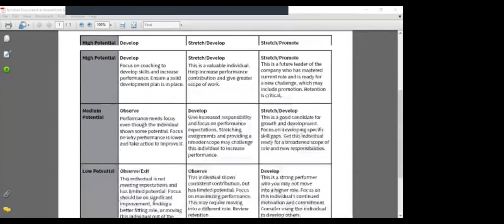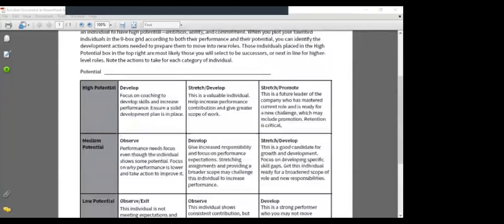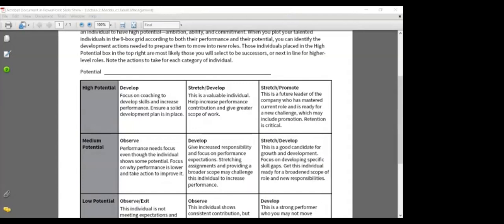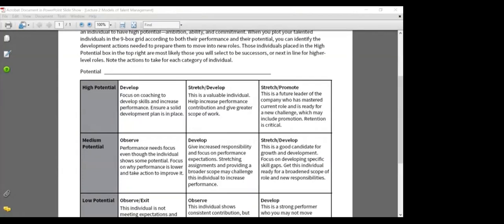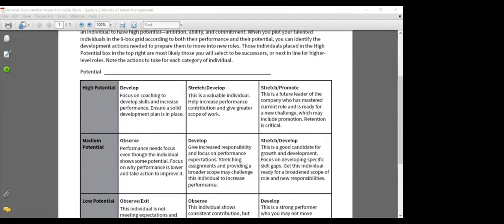In every organization you have people being evaluated on performance, and here you can evaluate them on performance as well as what they are likely to do in the organization, the potential they have. They may not have performed very well in one particular year, but if they have the potential, then chances are that they will be able to make up next year and the year after.